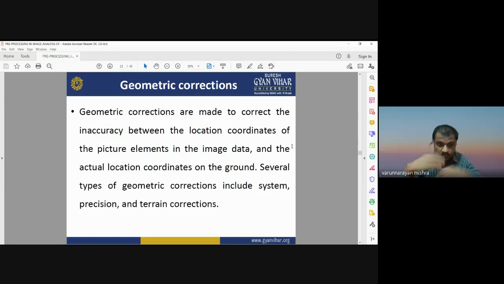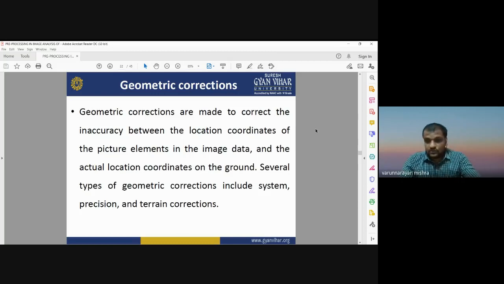If both coordinates don't match with each other, if the object has some different coordinate in the image than in the real world or on the ground, this is known as geometric errors. So to remove these kinds of errors, we perform geometric correction or geometric rectification.